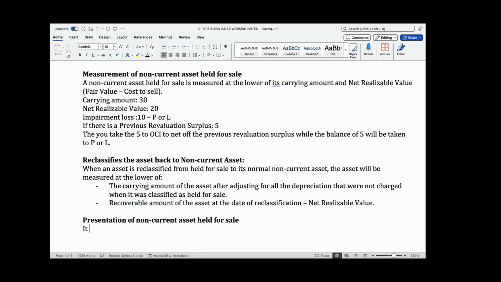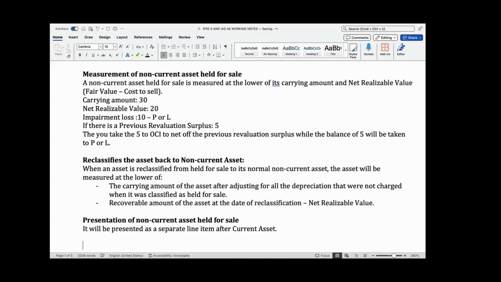It will be presented as a separate line item, after current assets. So it doesn't just automatically become a current asset like that.